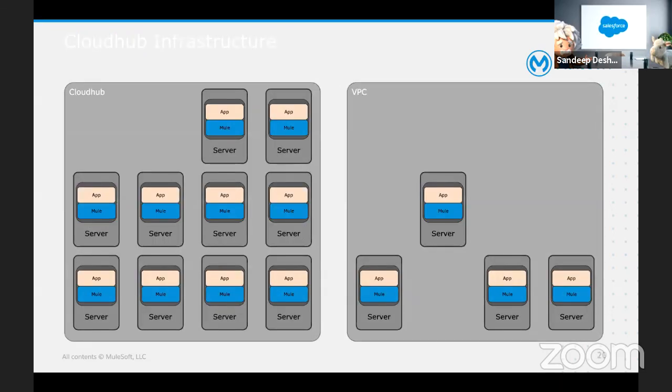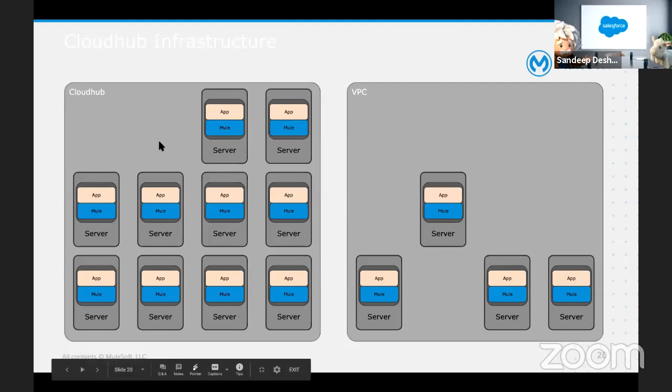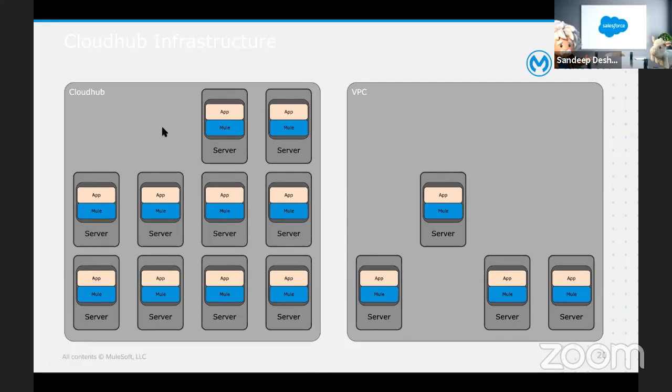Next is the CloudHub infrastructure. We have two capabilities for customers. In CloudHub, if you're deploying your application, this particular environment on the left-hand side is shared with all the customers, and each Mule application will again have its own server and own execution engine.